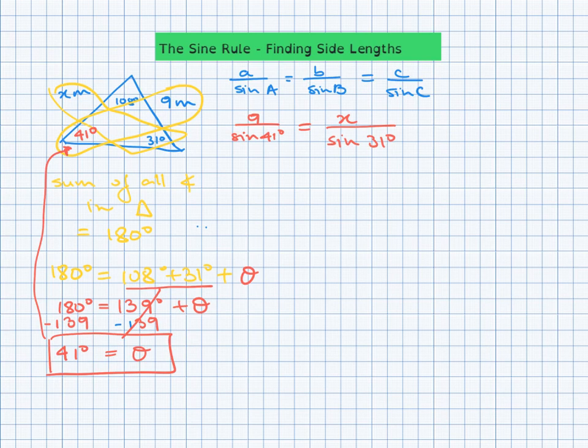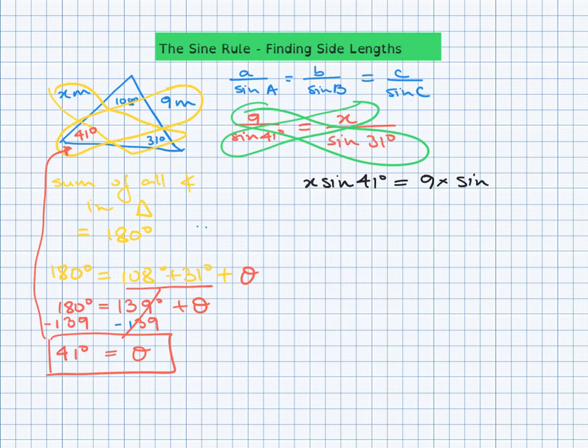Cross multiplication again, which gives us x times sine 41 is equal to 9 times sine 31. Then we want x by itself, so divide both sides by sine 41.